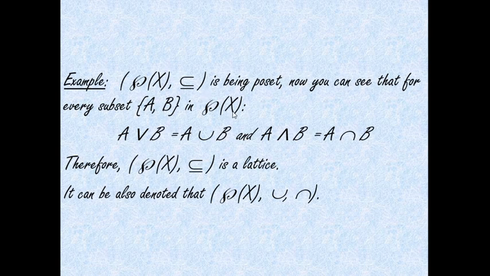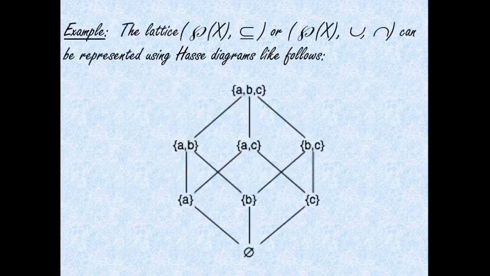The elements are sets in the power set of X. So here the supremum A join B will be nothing but A union B, and the infimum A meet B will be equal to A intersection B. So here the poset is becoming a lattice, and the same lattice can also be denoted as the ordered triple power set of X, union, intersection. So that is an example of a lattice.